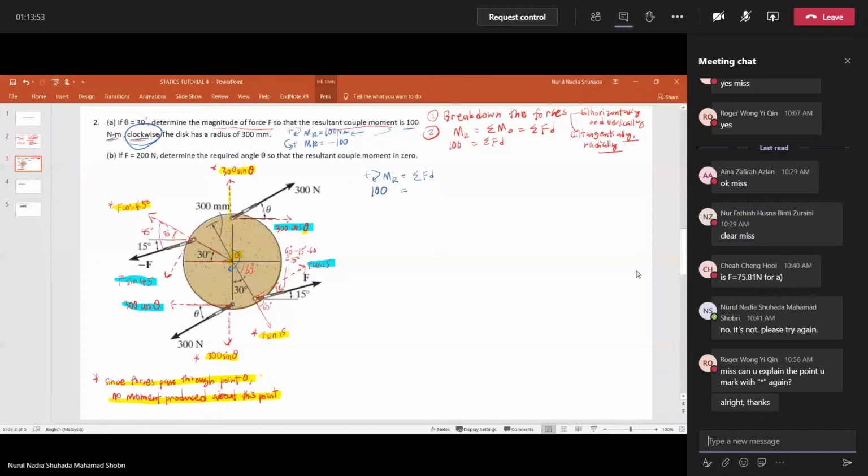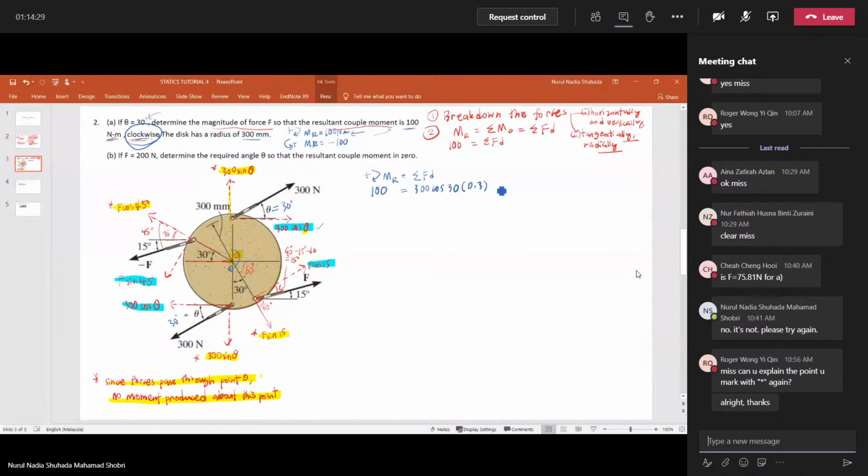Since the first equation mentioned that the degree is 30 degree, this value can just sub with 30 degree. So this one is 300 cos 30 degree times the distance. The radius is 300 millimeter, so if we directly convert into meter, it will be 0.3.